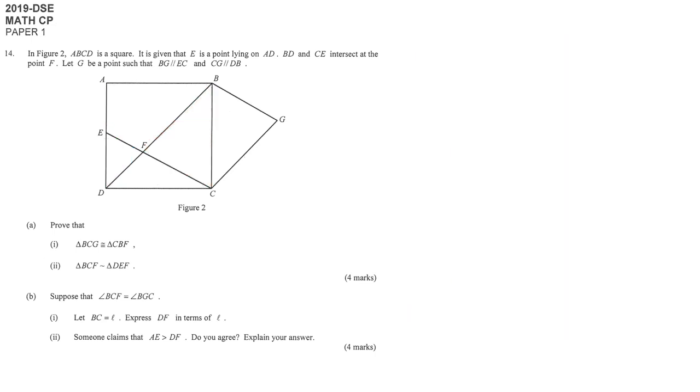In part B, they say two angles are the same, which are angle BCF and also angle BGC. And then they say let the length BC be L, and we have to find out DF in terms of L. This kind of question is obviously related to part A. Even if you don't know how to prove that, you should assume this one is true, and then use the following properties.